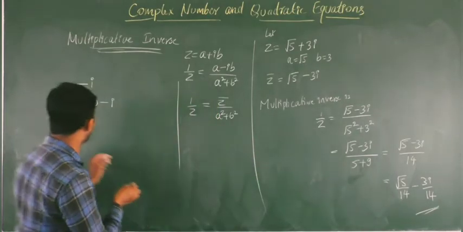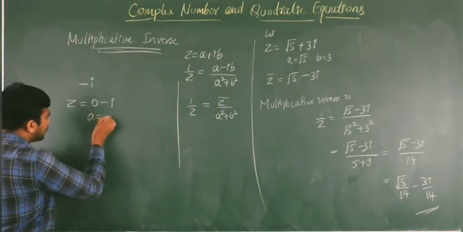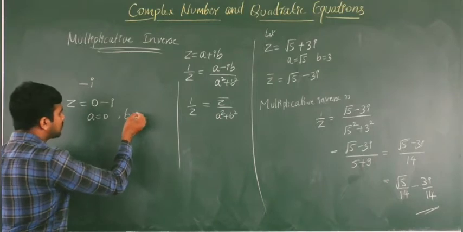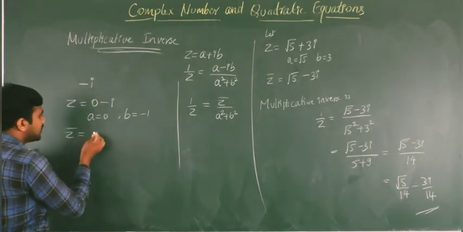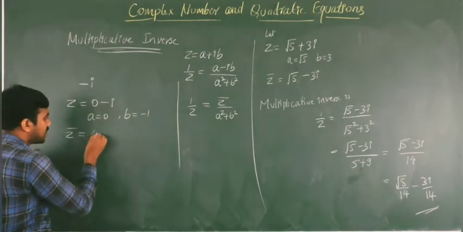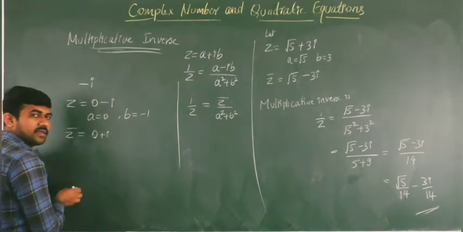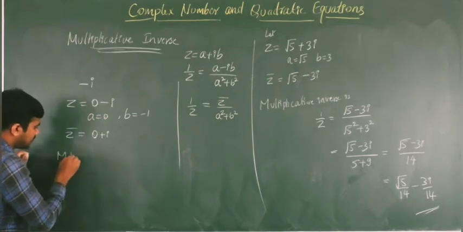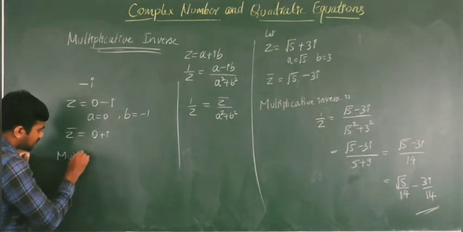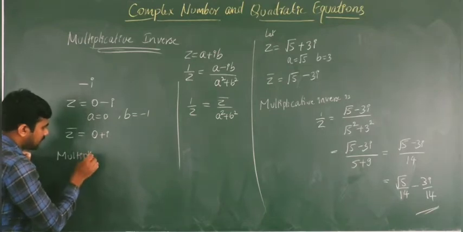Now what is z bar? First identify the values of a and b. A is equal to 0 and b is equal to minus 1. So z bar is nothing but the conjugate of the given complex number, that is 0 plus i. So now the multiplicative inverse is what?